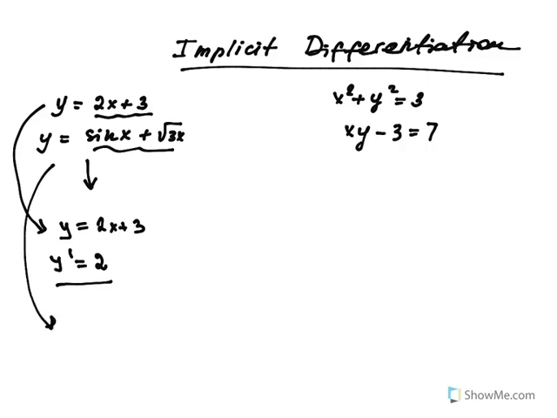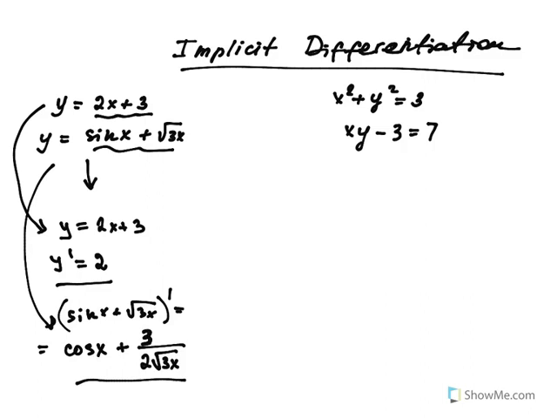Or in this case, when you have sine of x plus the square root of 3x, if you want to find the derivative explicitly, all you have to do is take the derivative of sine, you get cosine. Derivative of square root of 3x is 1 over 2 square root of 3x, but we have to apply the chain rule and multiply by the derivative of 3x, which is 3. So let's just put it on top. So that's it, nothing fancy.